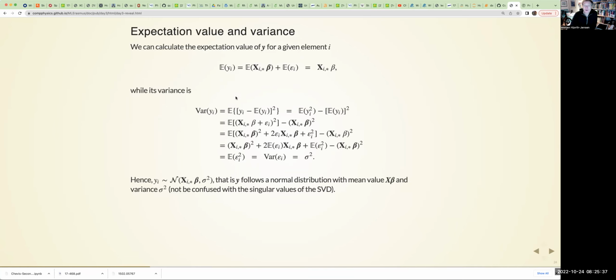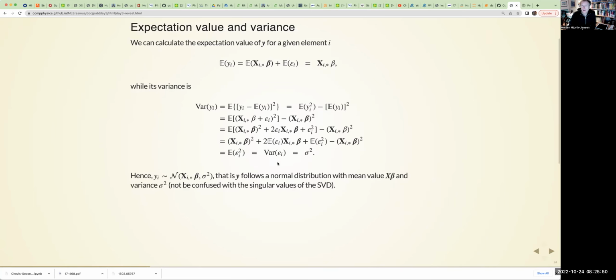We can then also calculate the variance of the quantities y of i, and we can show that this is actually given by the variance of the normally distributed noise. So from that we can infer that the output follows a normal distribution with a specific mean value and a variance which is given by the same variance as the normally distributed noise.